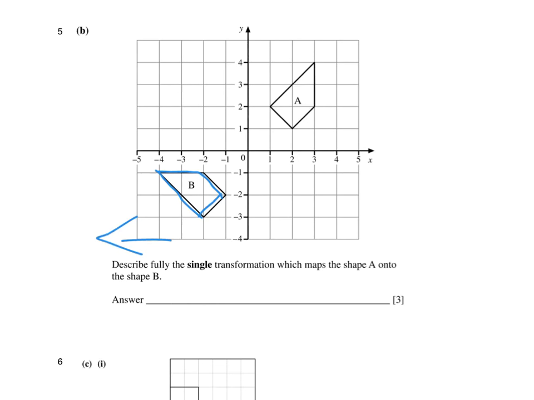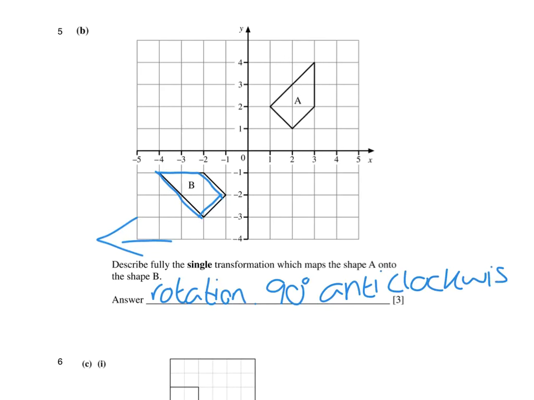So in order to answer this question, we're going to say that this is a rotation. We're going to say that it is 90 degrees anti-clockwise, or you could say, if you wanted, 270 clockwise.